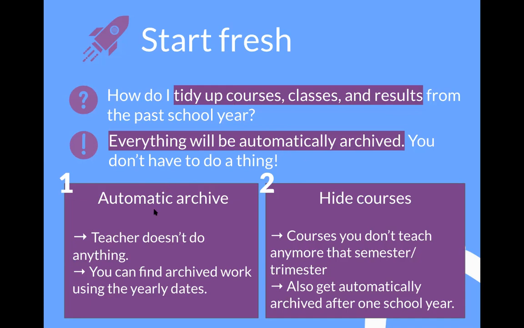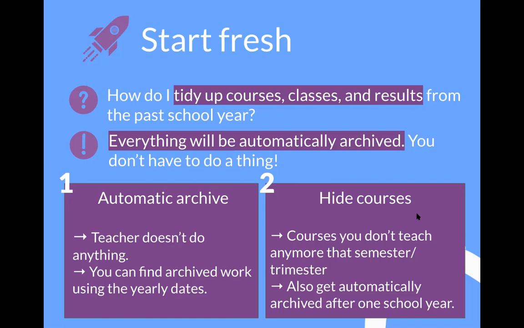So the automatic archive, here you don't have to do anything, and you can find archive work using the yearly dates. I'll show you right away where you can find it. There's another way to hide courses in your list as well. This is something pretty new.